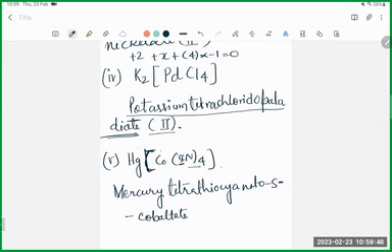Oxidation state: mercury's oxidation state will be +1. Hriday? Yes. And SCN is -1, so -4. +1 -4 will be -3, and the equation equals x. So x is equal to +3. So the oxidation state is +3.